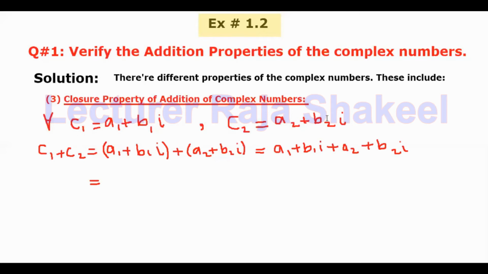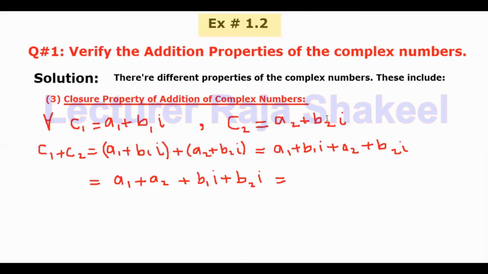So now we'll be making the arrangement of the real numbers, that is A1 plus A2. These are the real numbers. While B1 iota plus B2 iota can be rearranged. So in this form, the real numbers are written prior to the imaginary numbers.